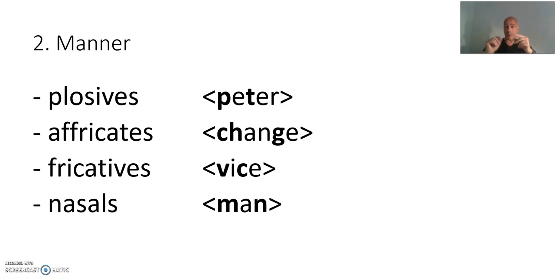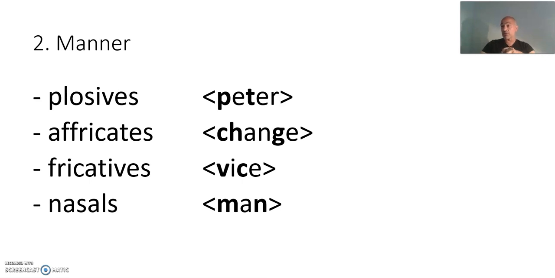You see two plosives, p and t, Peter. The air leaves your mouth in an explosive manner. Then affricates, which would be something like ch and j. Only these two exist in English, in a word like change. There are two affricates, one in front and one at the end of the word, change. Ch, j, these two.